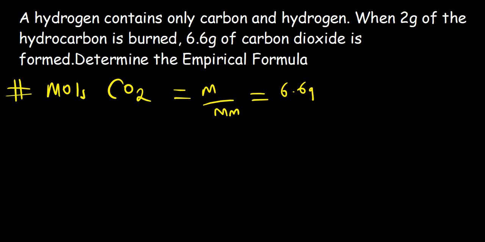Then the molar mass for carbon dioxide: carbon is 12, oxygen is 16, that is 32. So this will give me 44. The molar mass of carbon dioxide is 44 grams per mole.